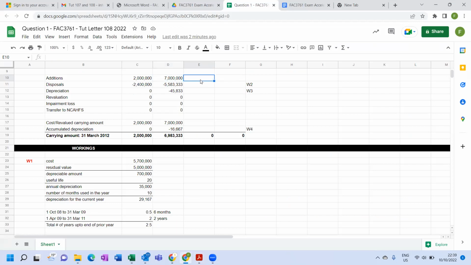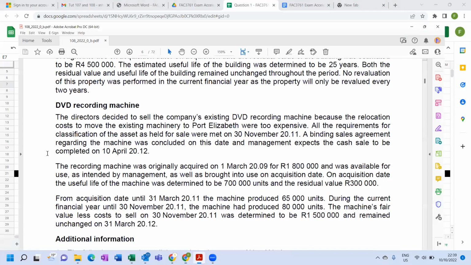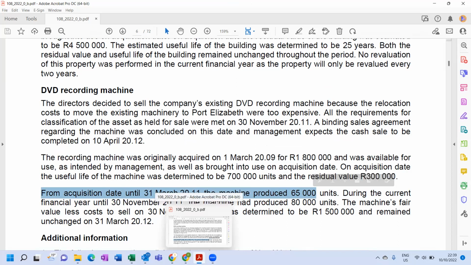Over here, we know that the cost price is 1.8 million. Now we need to work out accumulated depreciation. Up until this date we can't work it out, but here they tell us that from acquisition date until 31 March 2011, the machine produced 65,000 units.